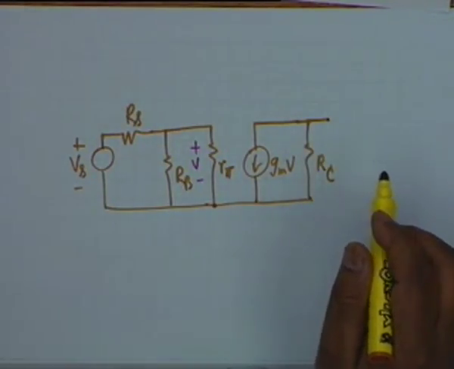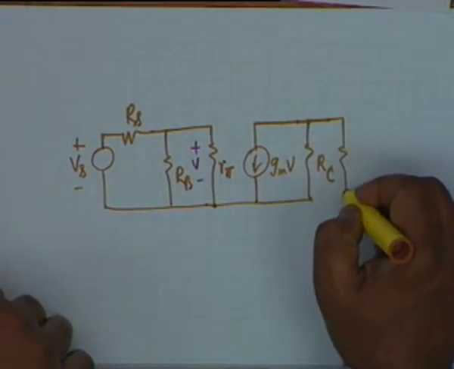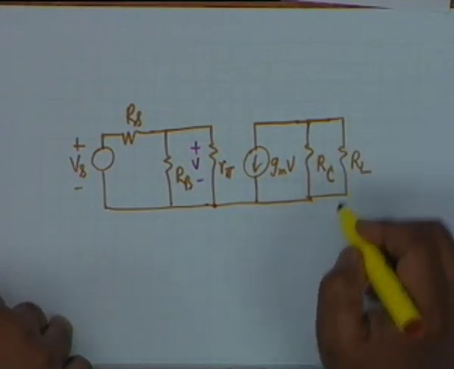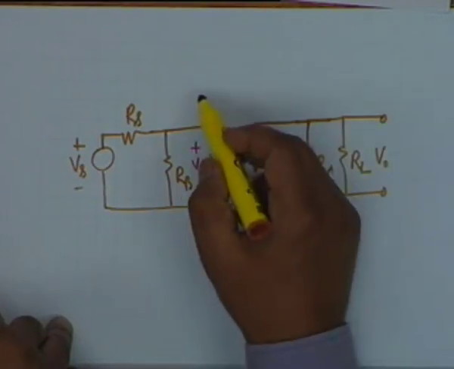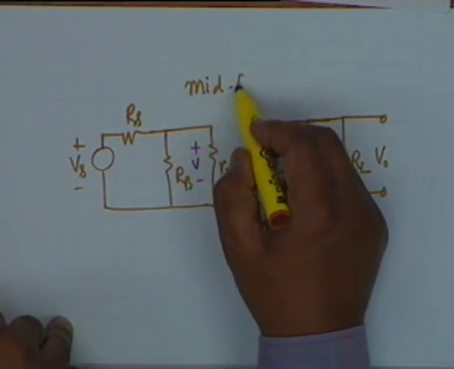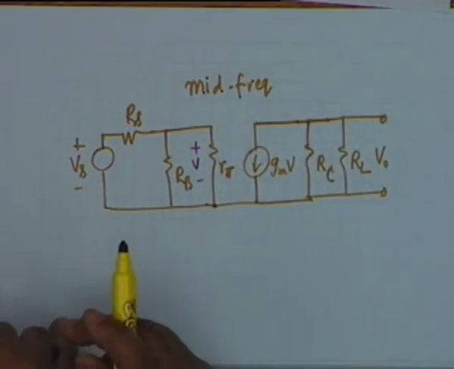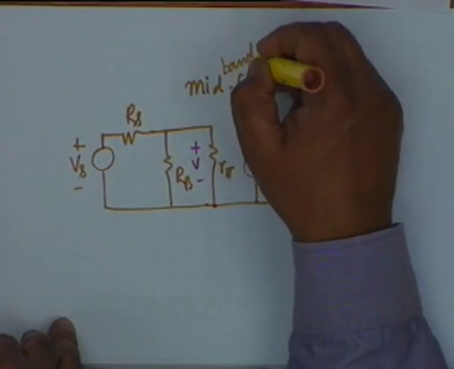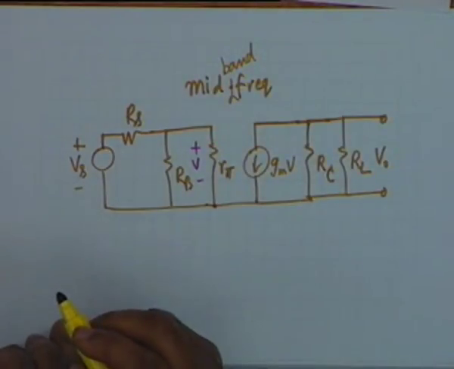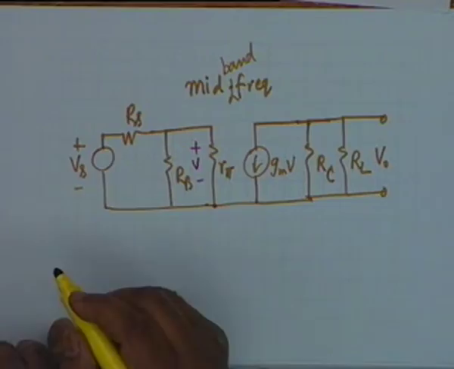CC2 also acts as a short circuit, and therefore this is R sub L, and this voltage is V0. This is the situation in the mid frequency range, the mid-band equivalent circuit.